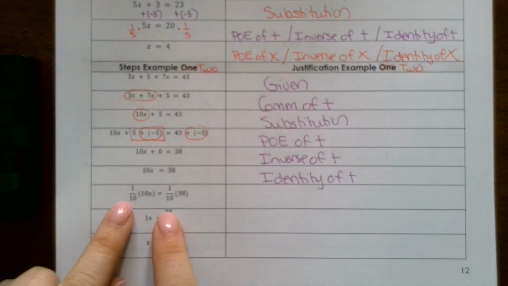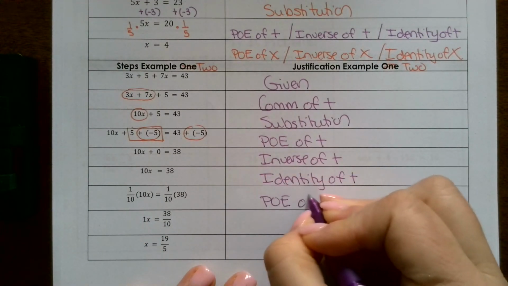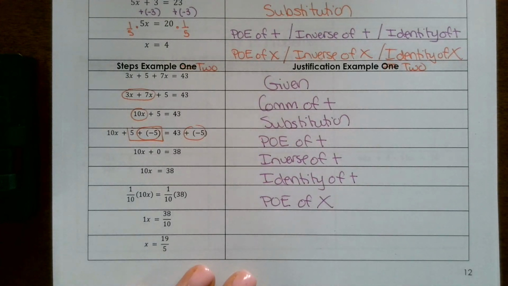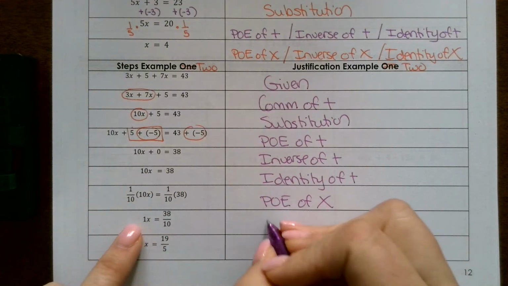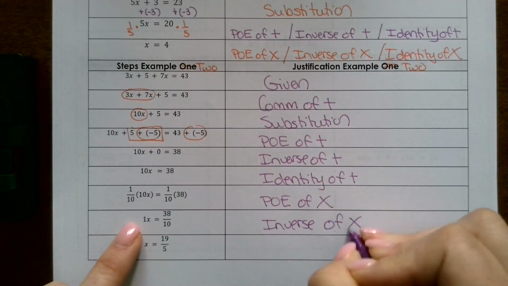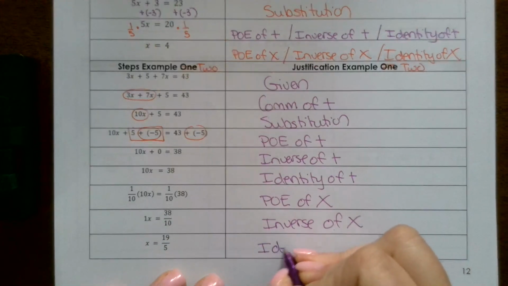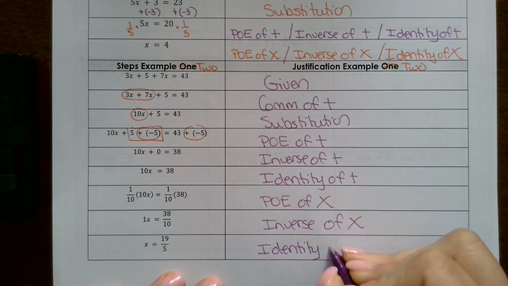By multiplying by the same number, 1/10, I have the multiplication property of equality. Any number multiplied by its reciprocal equals 1. That's the inverse property of multiplication. And last but not least, if a number multiplied by 1 is itself, I see the identity property of multiplication.